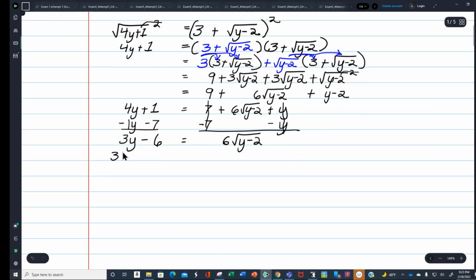So I'll have 3 times y minus 2 equals 6 times the square root of y minus 2. I'll divide both sides by 3.